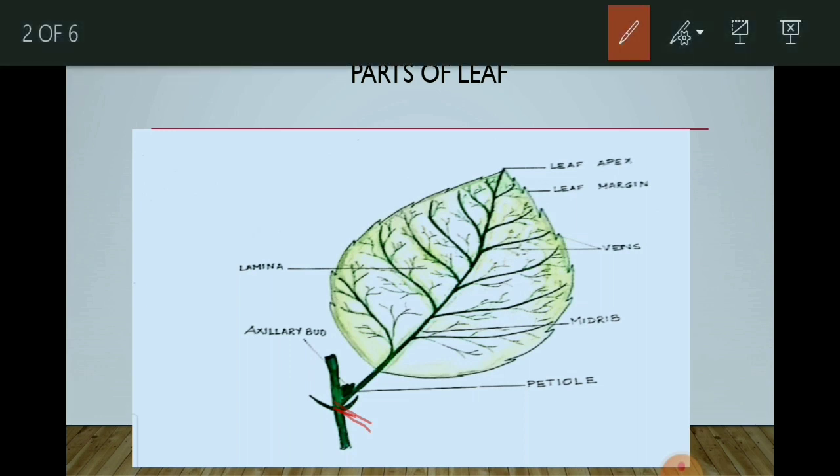Okay, this portion is the petiole, the portion of the short stalk which connects this leaf base with the leaf blade. This portion is the leaf blade, and this is the leaf base. So this short stalk is known as the petiole.